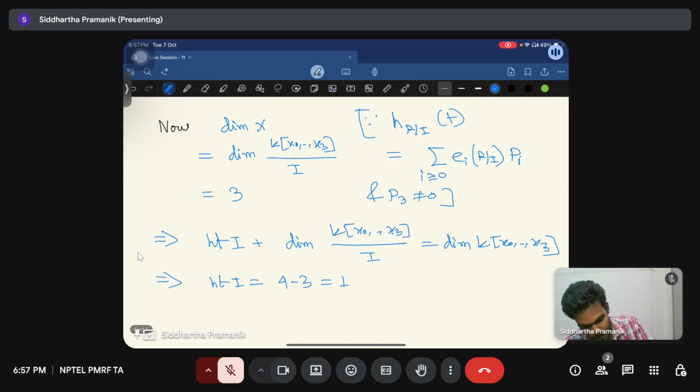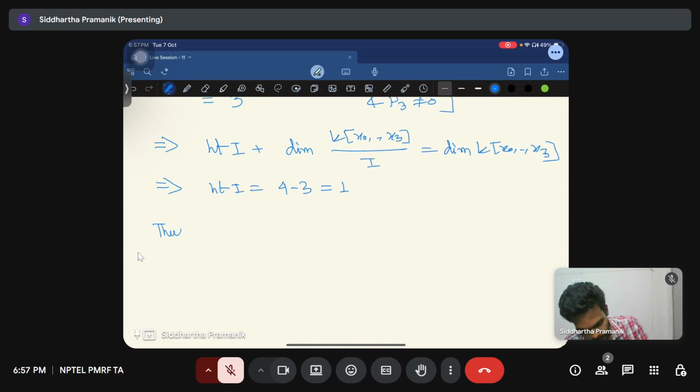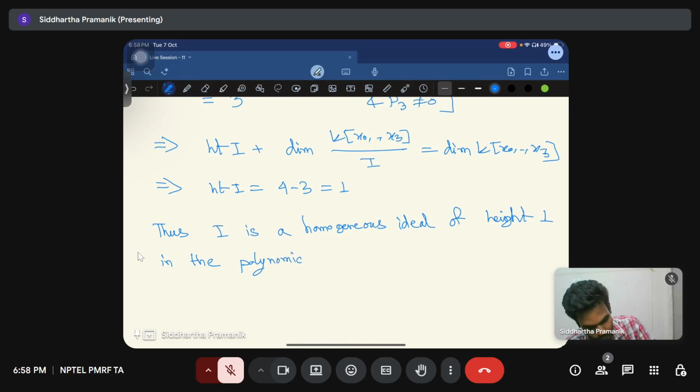So thus I is a homogeneous ideal of height 1 in the polynomial ring k[x0 up to x3], right?